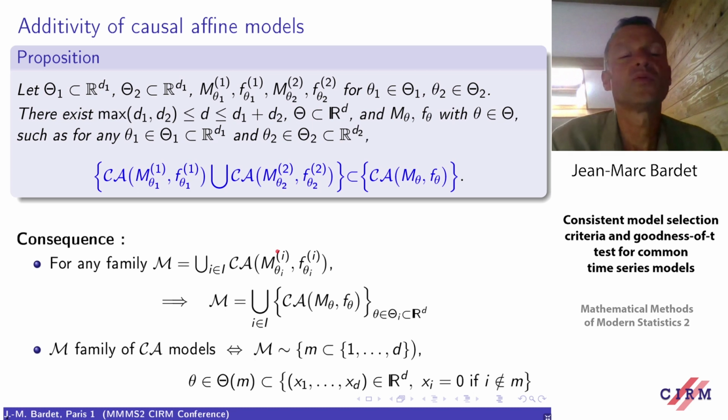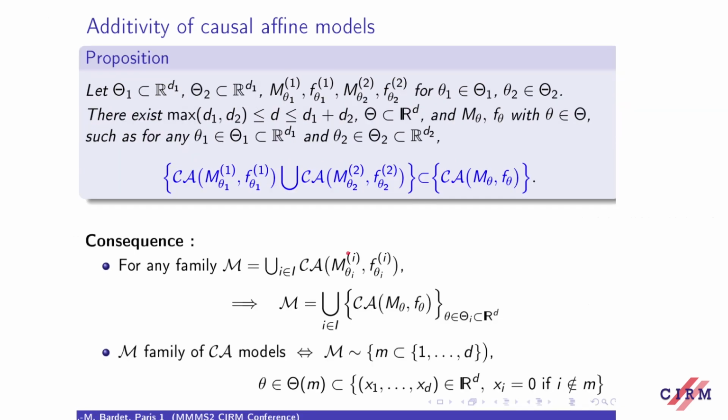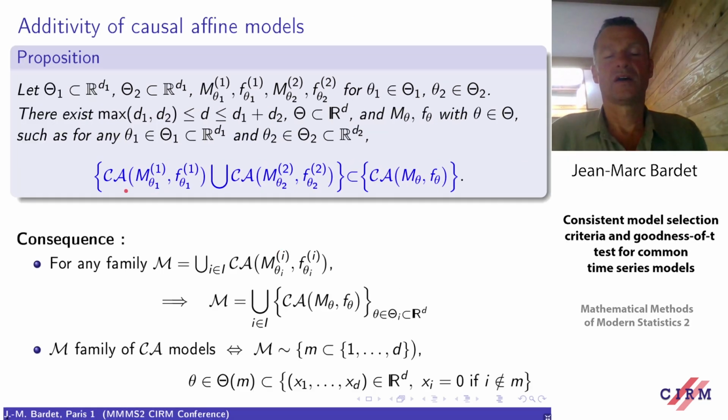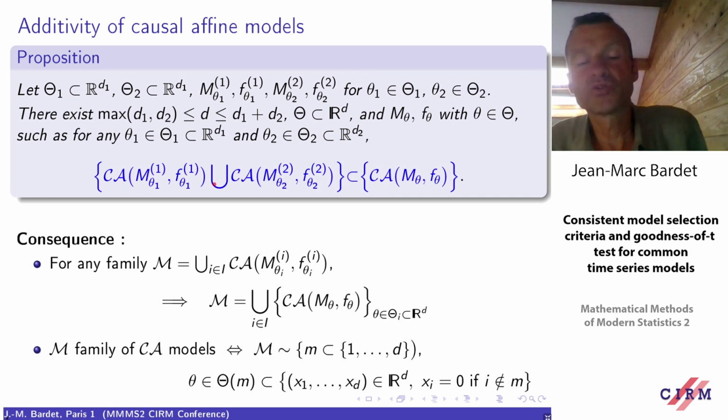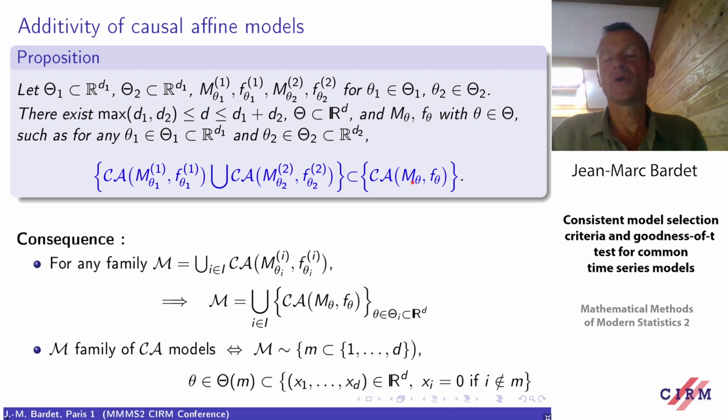So the first thing we could say is that because we have a causal affine time series, if we have two models of causal affine time series, when you consider the union of both those models, it could also be written as a causal affine model. But here you use a new parameter theta.